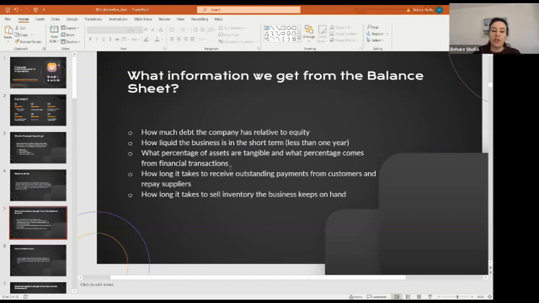This is different from financial assets, which are related to shares, bonds, and so on.